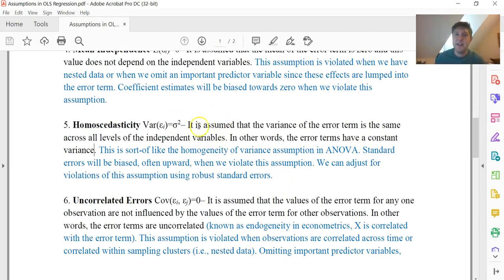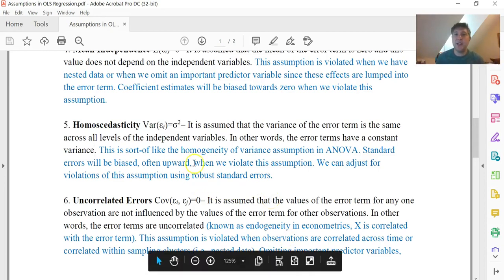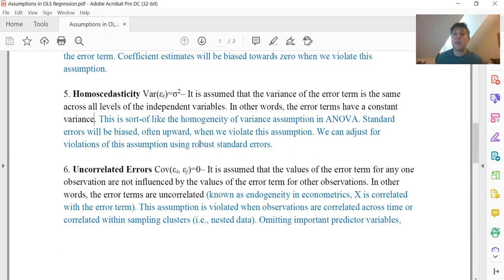So we assume that the errors have a constant variance, the same idea as the homogeneity of variance in ANOVA models. We assume that the errors are uncorrelated with each other, right?